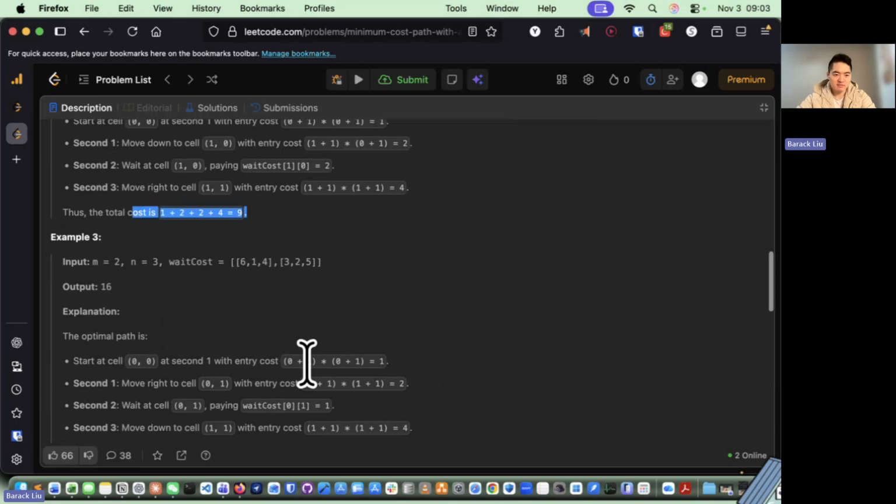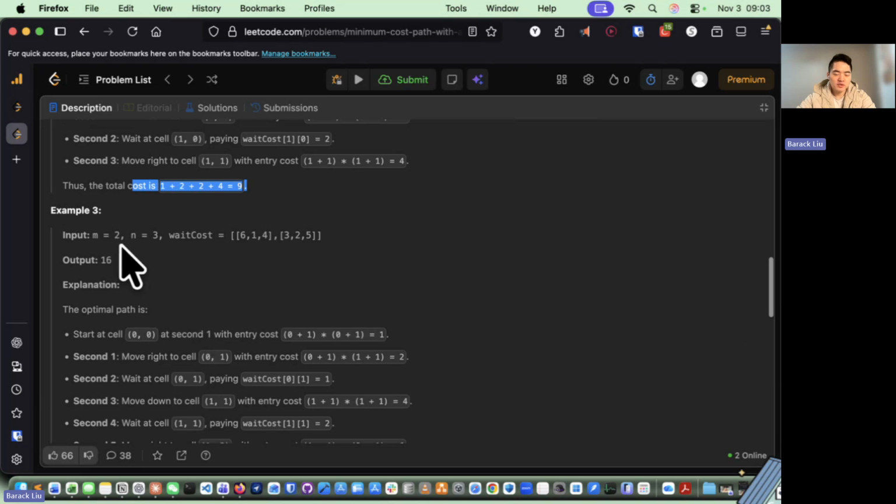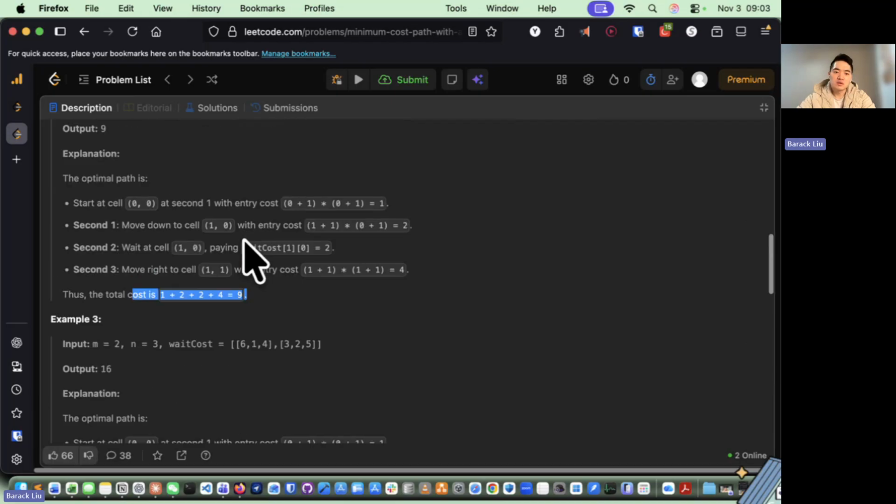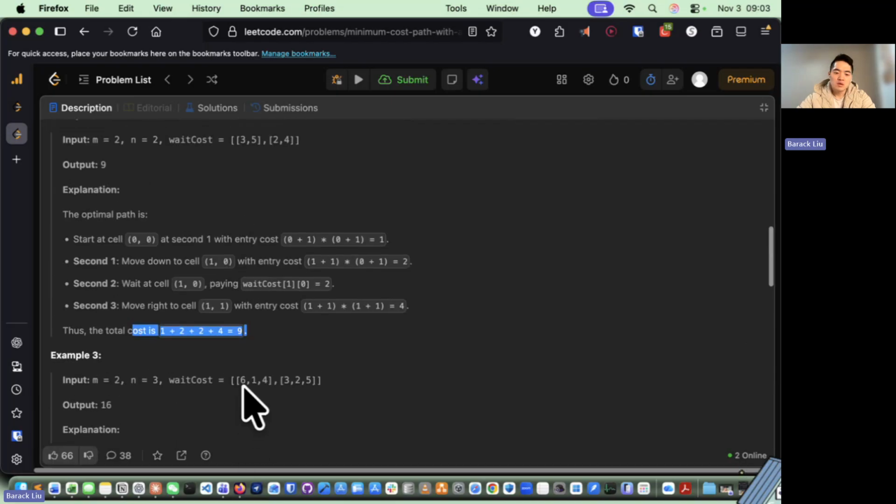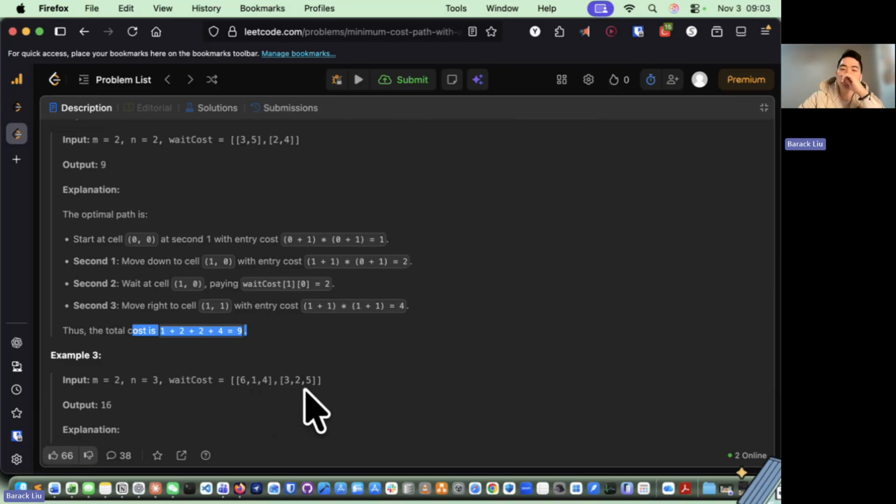Okay, the last example. Input is 2, 3. So our destination will be (1, 2). And the waitCost is 614325. Ah, what does this mean?